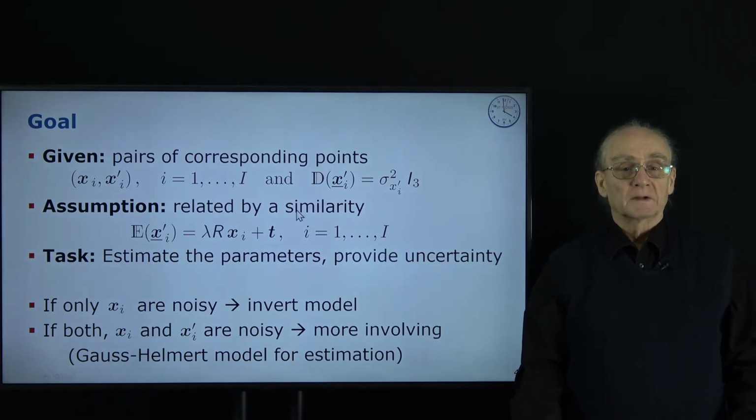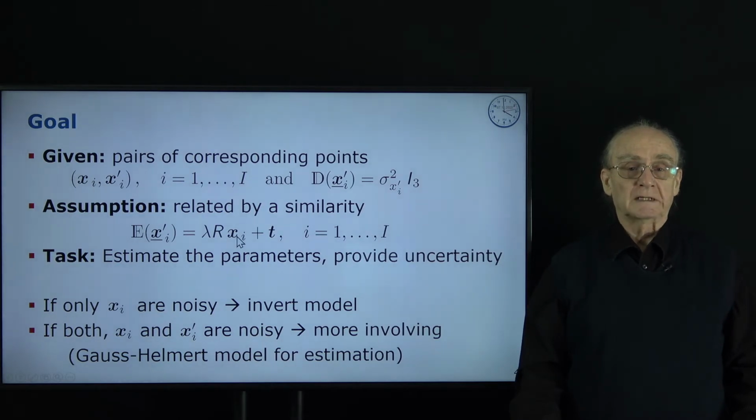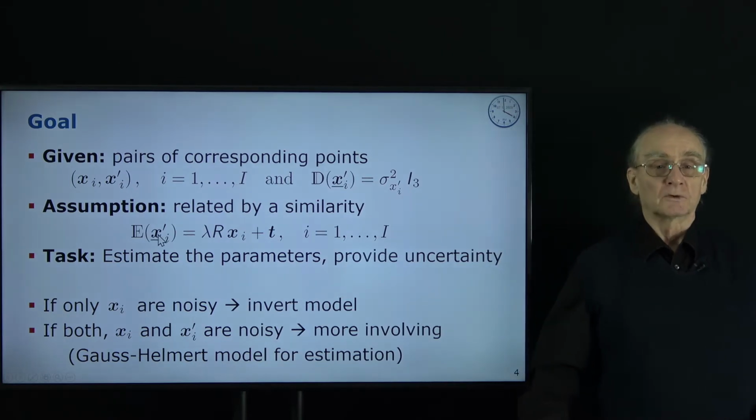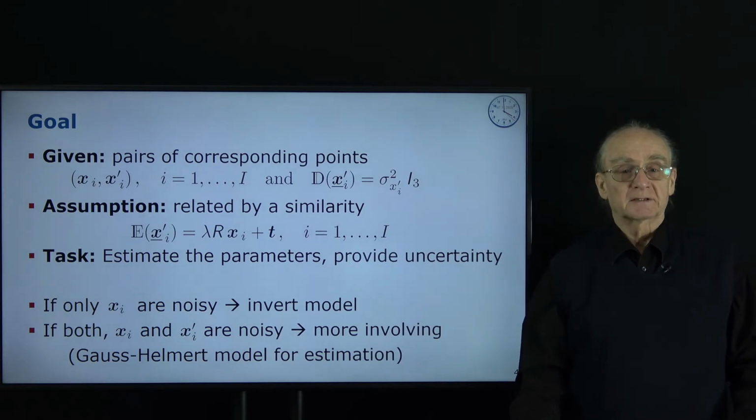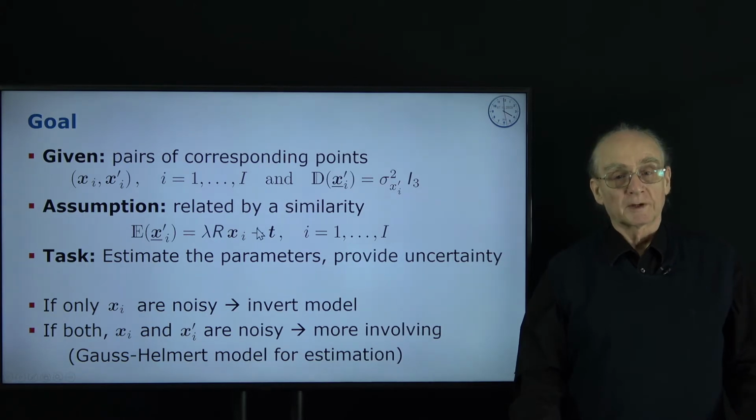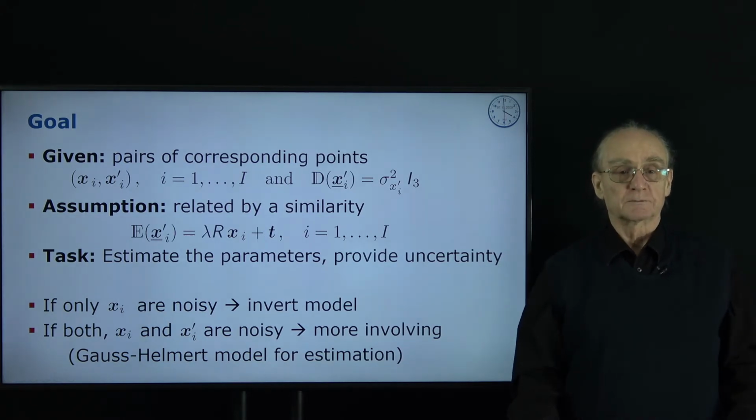We assume that the coordinate pairs are related by a similarity. That means a scaled rotation multiplied with the given coordinates plus translation gives the mean value for the observed entities. And the task is to estimate these parameters, lambda, R, and t, and provide the uncertainty, which we'll discuss later.